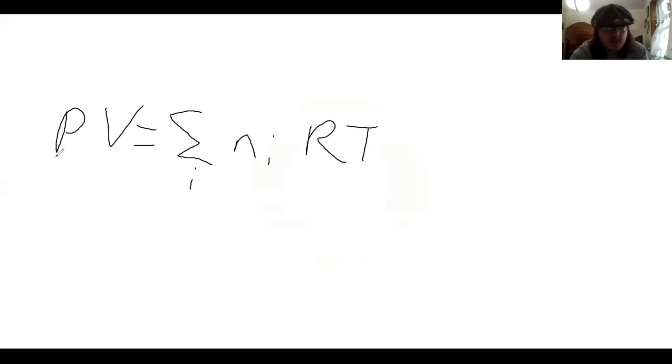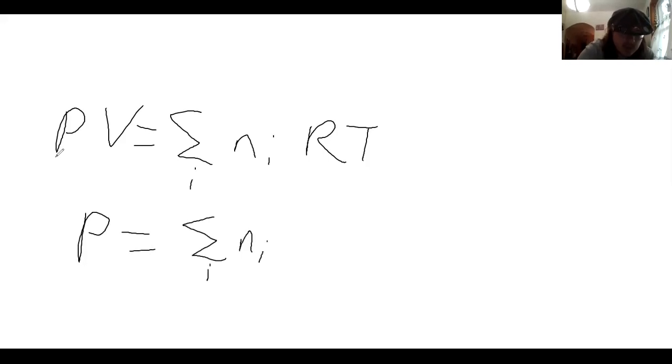So we're adding all the moles of gases together, times R and T. And that will give us the net pressure for that volume. Now, because the volume doesn't change, we can get that to the other side. So we still have the sum of each mole of gas times RT over V.